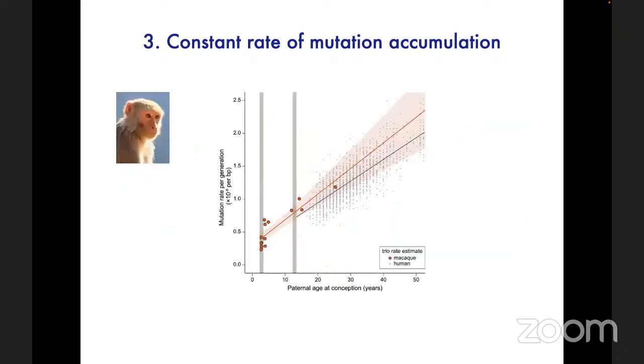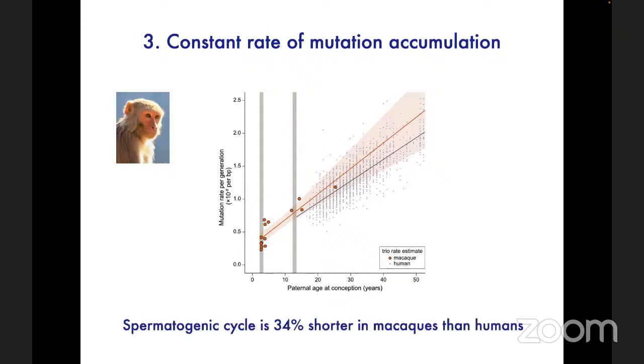The data that really don't fit the mitotic cell replication hypothesis is the fact that the rate of accumulation is the same. That slope is basically the same in all of these different species. Again, this orange line is the best fit line from macaques, and this line is from humans. And in fact, we know that the spermatogenic cycle is a third shorter in macaques than humans.